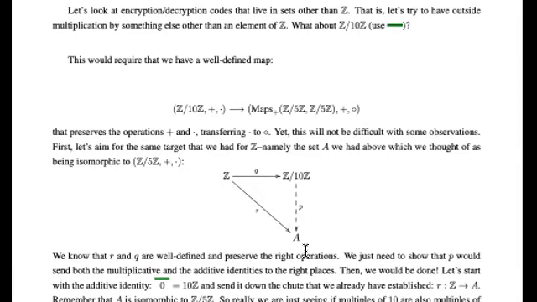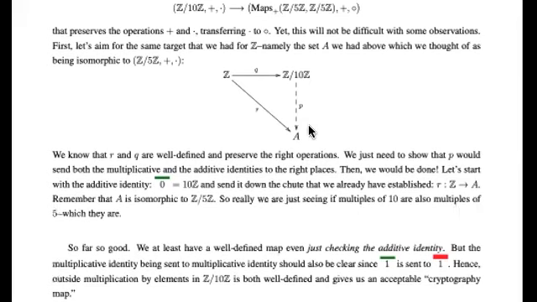Well, what happens when we put 10 under the bar? Well, 10 is a multiple of 5. It's like putting 0 under the bar, which you end up getting the 0 function, multiplication by 0. So you end up getting the 0 function to multiply by if you had the 0 up here, which means we have a well-defined map that preserves addition. You could also look at something similar with multiplication with identities and notice that it's well-defined that way as well. Okay, so we have a nice well-defined map and it should work well.